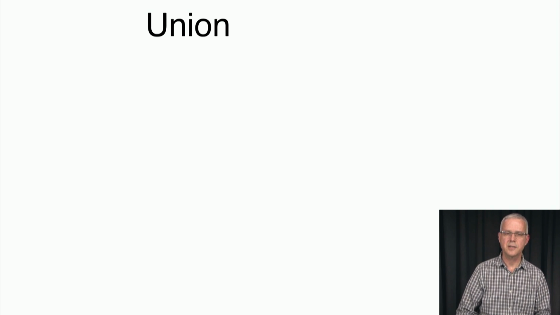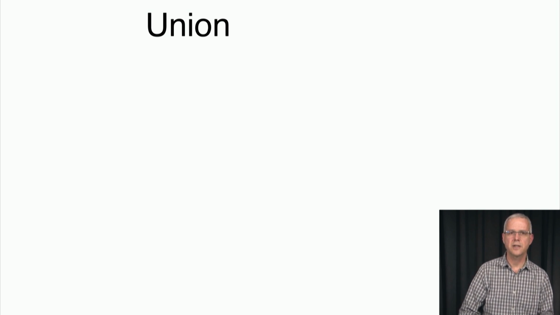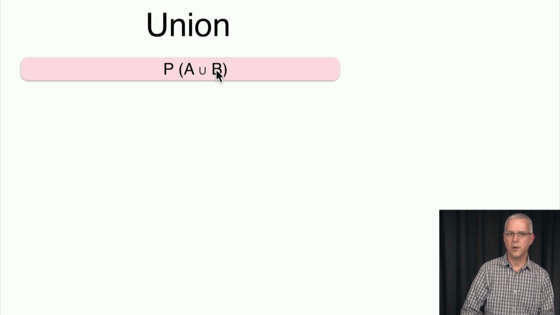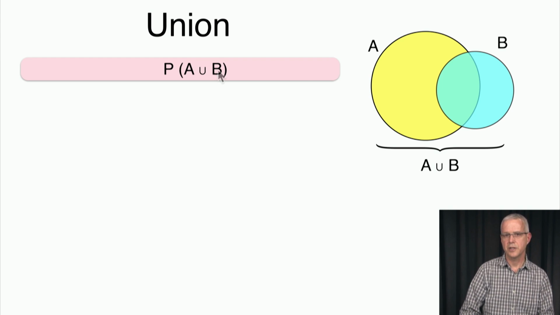And the last inequality that we'll discuss is actually a pair of inequalities that have to do with unions of sets. So if you have two sets A and B, and you ask what can you say about the probability of the union, so here are the two sets A and B, and we're asking what we can say about the union probability. So we'll have a lower bound and an upper bound.